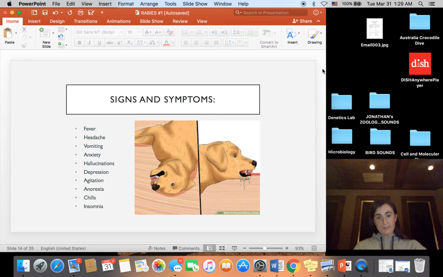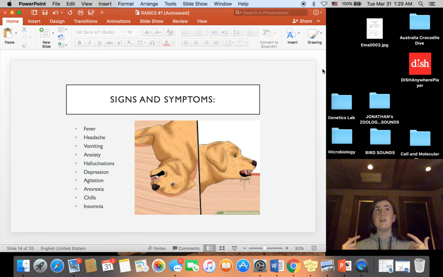In the picture, you can see that the dog has excessive saliva coming out of its mouth. That's another one of the symptoms, because when the virus is traveling through the spinal cord, yes, it goes to the brain, but it also goes to your salivary glands. So it causes a lot of production of saliva.